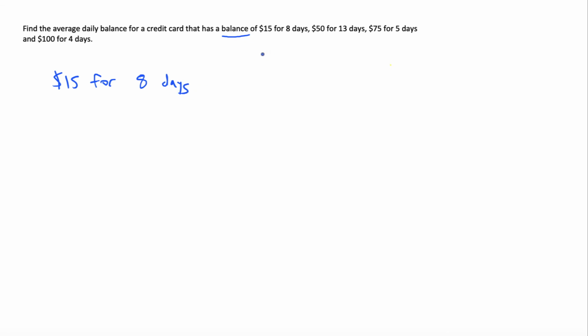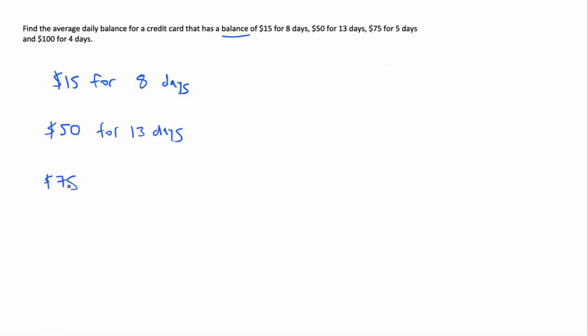Now, you've got to be careful here. It says that the balance is $50, so you didn't spend $50. You actually spent $35. You swiped it for $35, so your balance went up to $50. And then it stayed that way for 13 days. And then similarly, you don't do anything for 13 days, and then you swipe it again for $25.